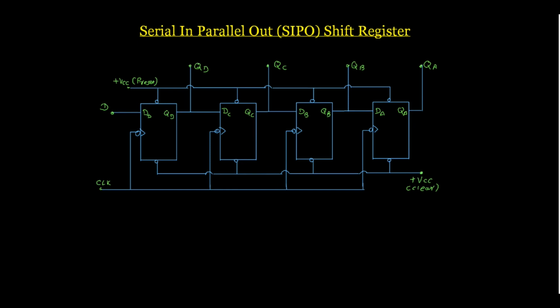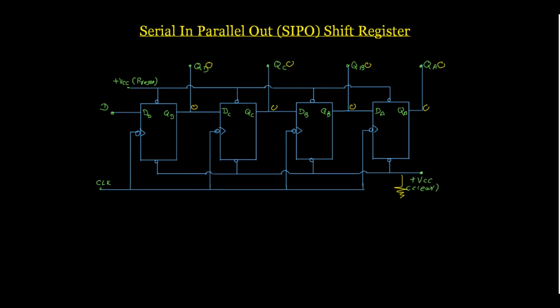So before you enter your data, you have to clear the SIPO register. For that, this terminal will be connected to ground. And when this is connected to ground, the output of this flip-flop becomes 0, this will be 0, this will be 0, and you can say the QD output is 0, QC is 0, QB is 0, and QA is 0, meaning my flip-flops are cleared out.